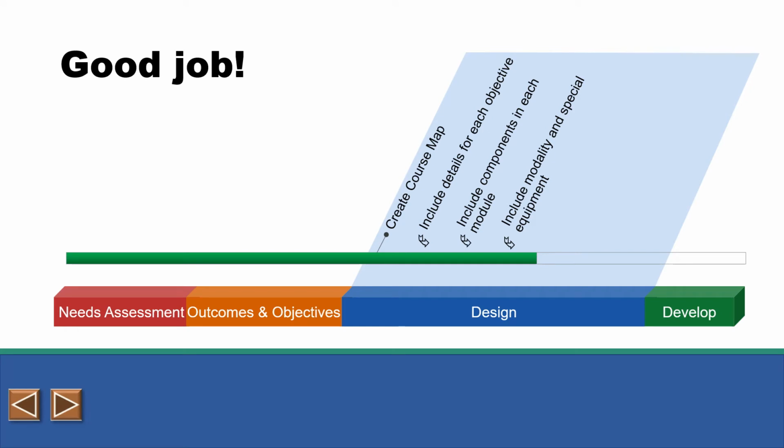What we've looked at so far in the design section had to do with creating the course map, and there were 3 parts to that, including what details should be included in each objective, include components in each module and what those components should be, and then a special emphasis to always include the modality and technology and special equipment. Feel free to stick around as I go through some of those specifics, or if you're just following along with the case, feel free to stop there.